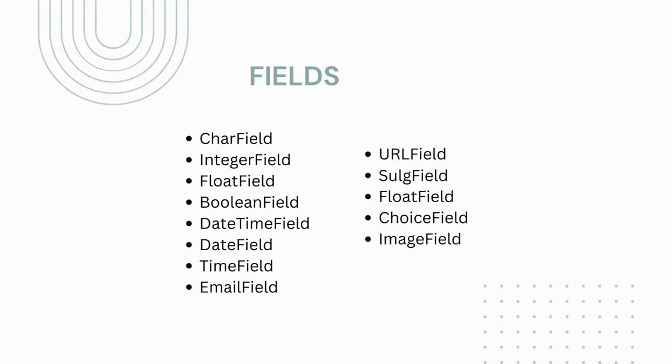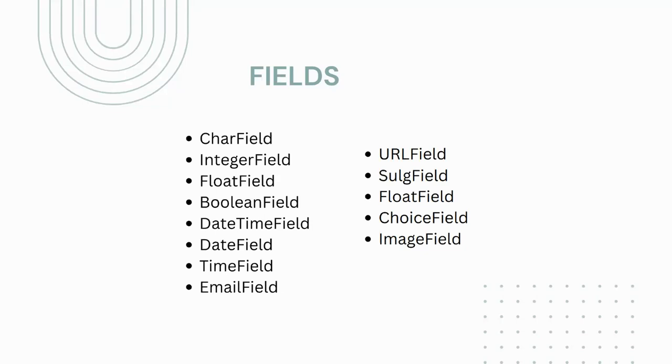Then the integer field that stores whole numbers like age, count, etc. And then next is the float field, which is used to store decimal numbers. And then the boolean field that represents true or false values, useful for checkboxes. And then next is the datetime field for storing date and time information, like when the record was created or updated.